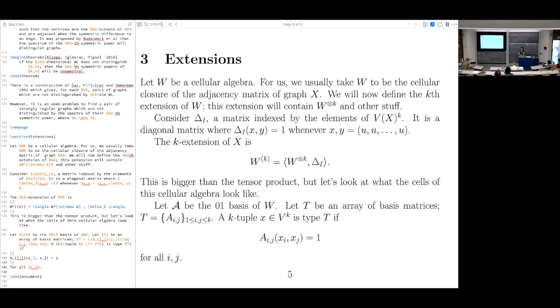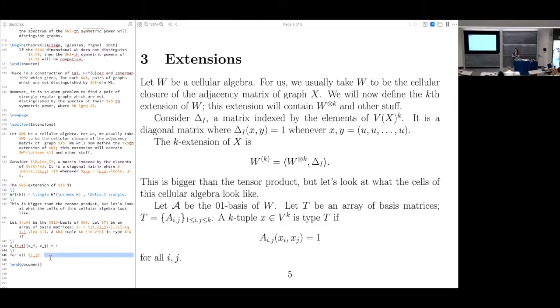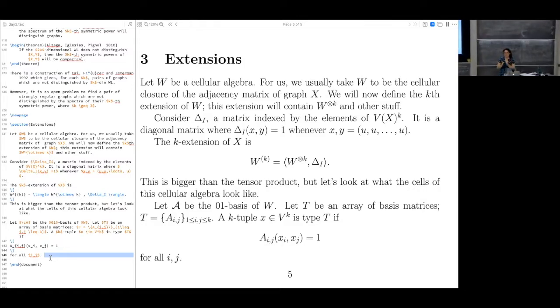Is the 0,1 basis unique? Yes, for a cellular algebra, it was a lemma. It's closed under Schur product.